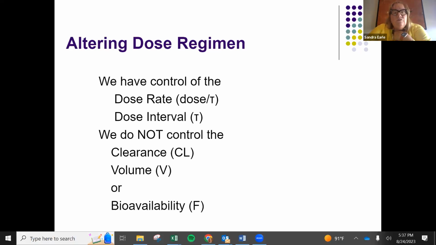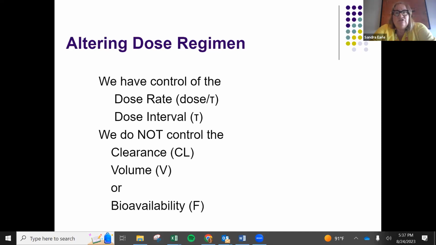Since we know how we actually alter the dose rate or the dose interval, now we have to think about other things that could come in to change the CSS average or peak to trough ratio that would result in a problem for the patient.